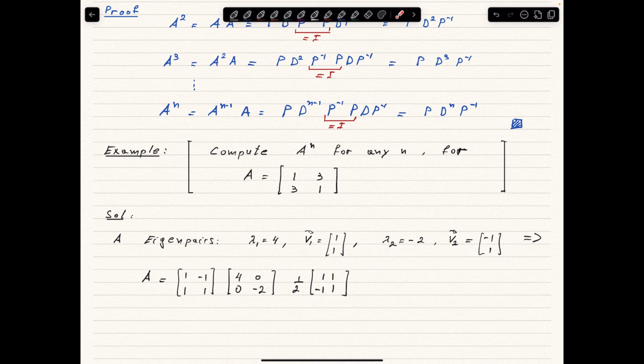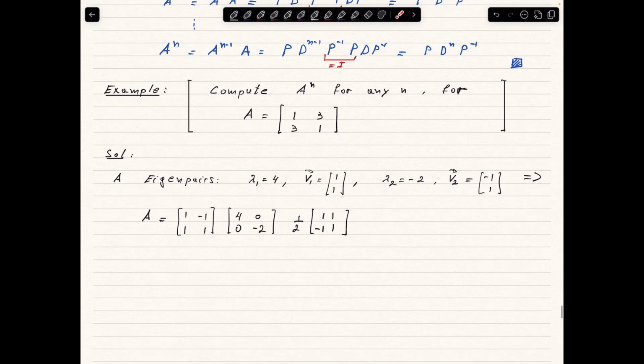What we do is compute the eigenvalues and eigenvectors of this matrix. Here they are. You write the matrix A in the P D P inverse decomposition, and now we use that result. And now we use that A to the power n is going to be 1, 1, negative 1, 1.